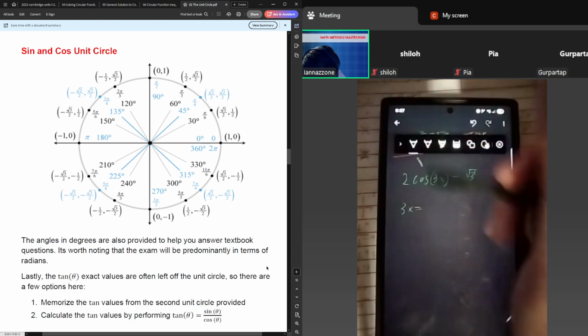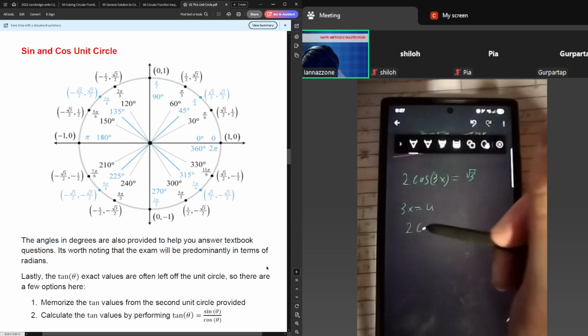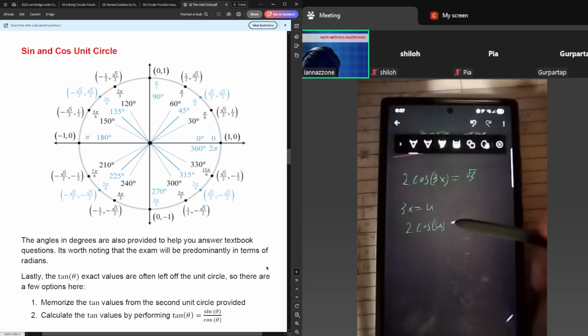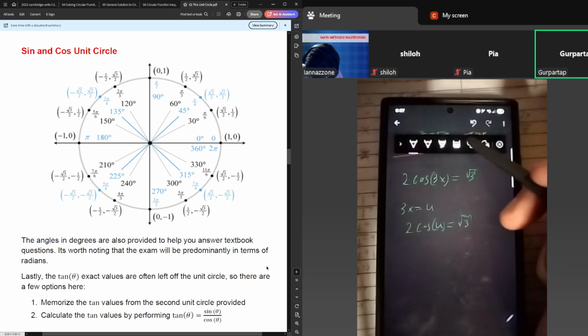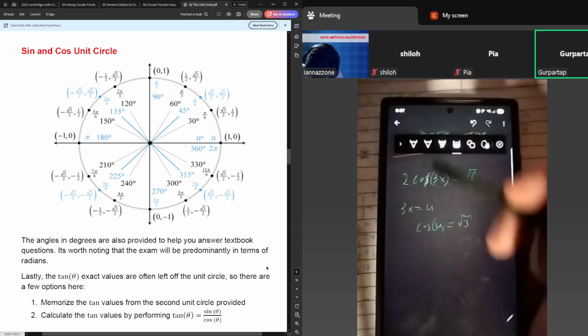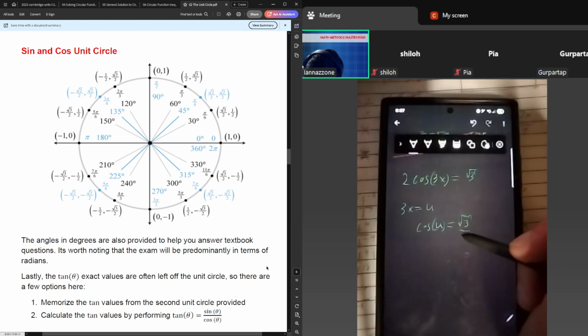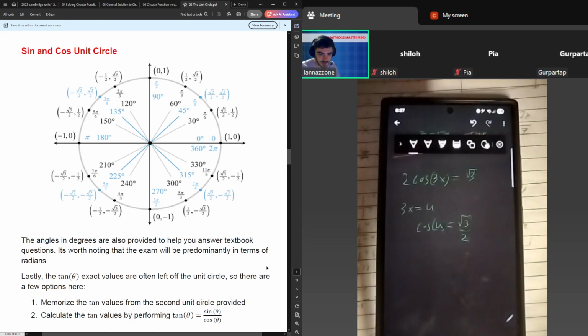Let's try that again. 2 cos u equals root 3. That's cool. And we would make it cos of u equals root 3 on 2. Yep. Dividing both sides by 2. Nice. What else? Then we would find all x values which are root 3 on 2. That's it. That's good.